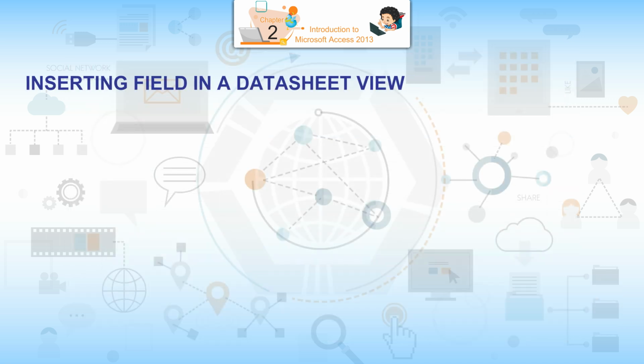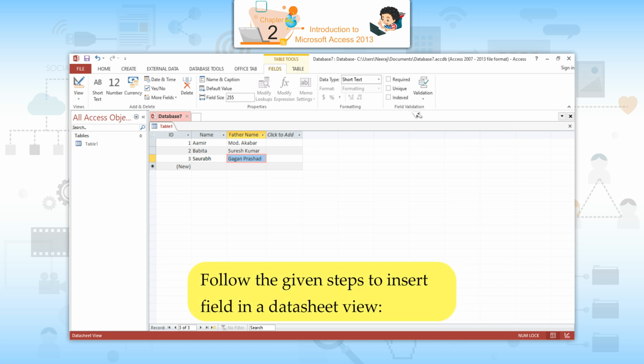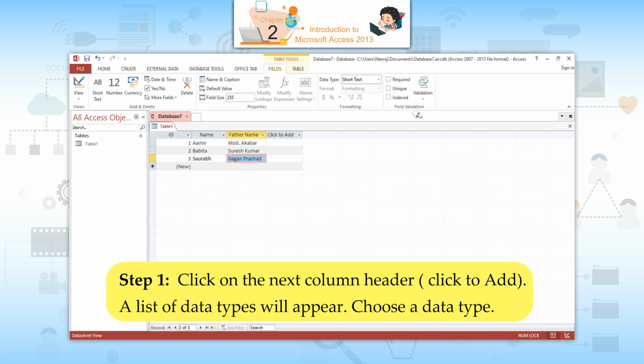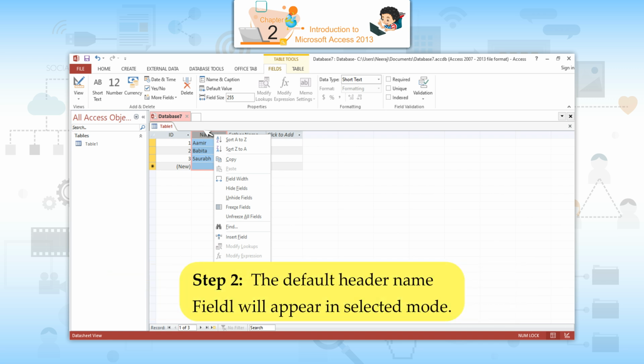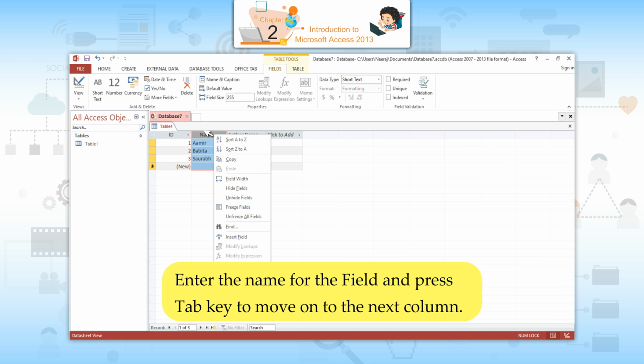Inserting field in a datasheet view. Follow the given steps to insert field in a datasheet view. Step 1. Click on the next column header, Click to Add. A list of data types will appear. Choose a data type. Step 2. The default header name Field1 will appear in selected mode. Enter the name for the field and press Tab key to move on to the next column.